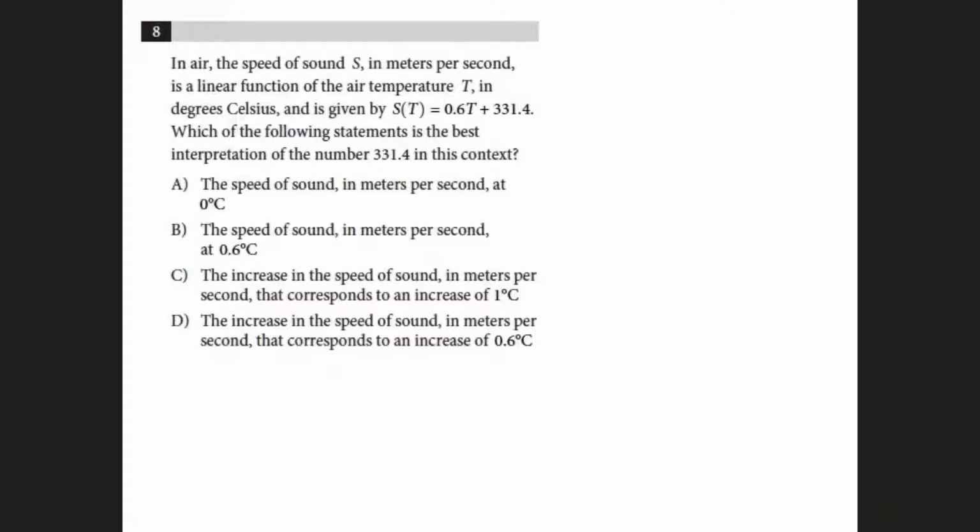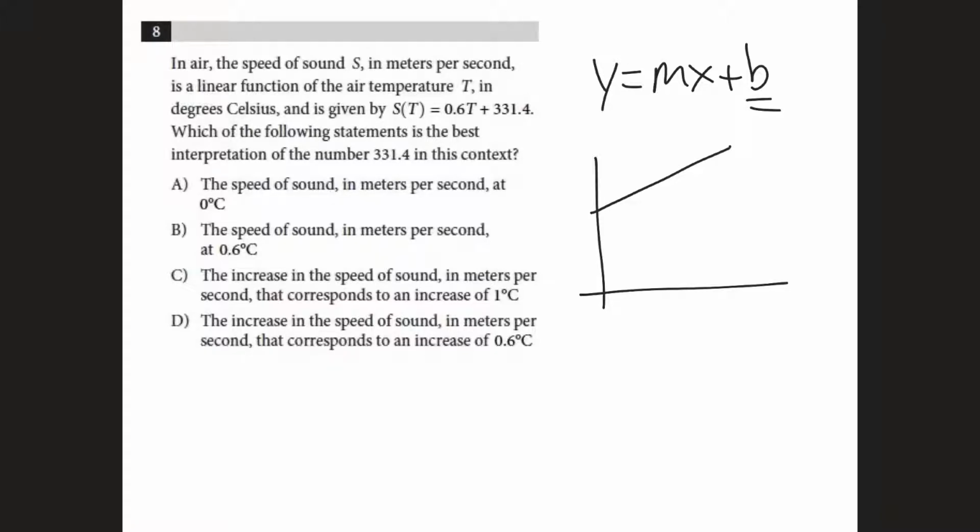Well, you should be thinking about y equals mx plus b. That should come out right away. The constant in this linear equation is going to be the y-intercept, and we know that there's a positive slope, a very slight positive slope.